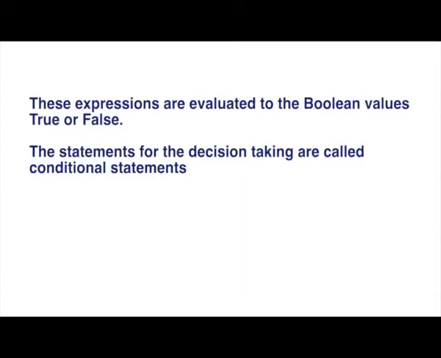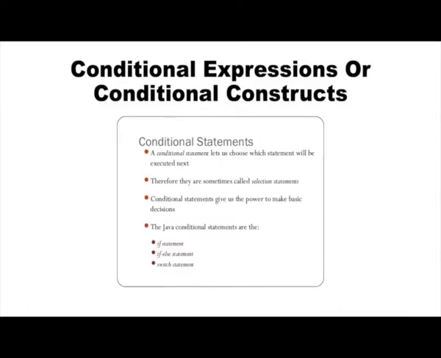These expressions are evaluated to the Boolean values true or false. The statements for decision taking are called conditional statements. Alternatively, they are also known as conditional expressions or conditional constructs.